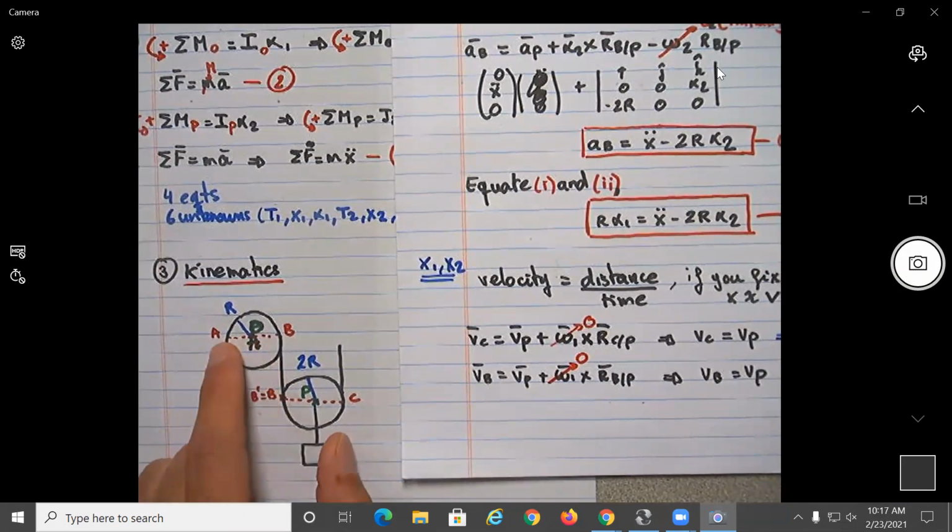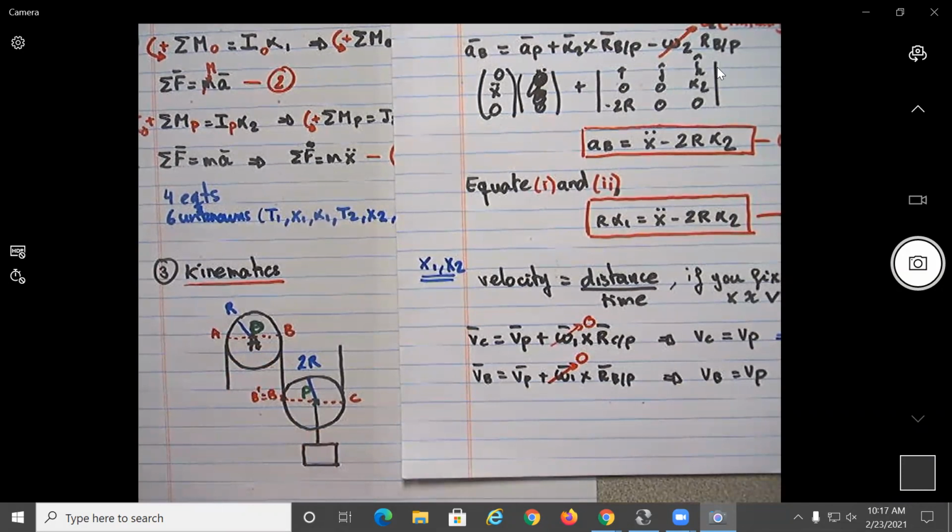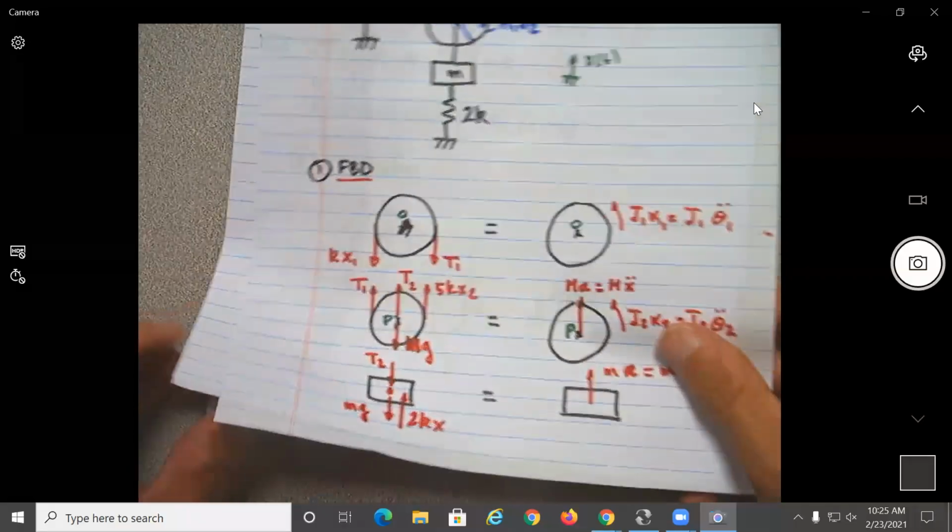But this one will give you in function of. Okay, let me see for 1 second here. It will be.